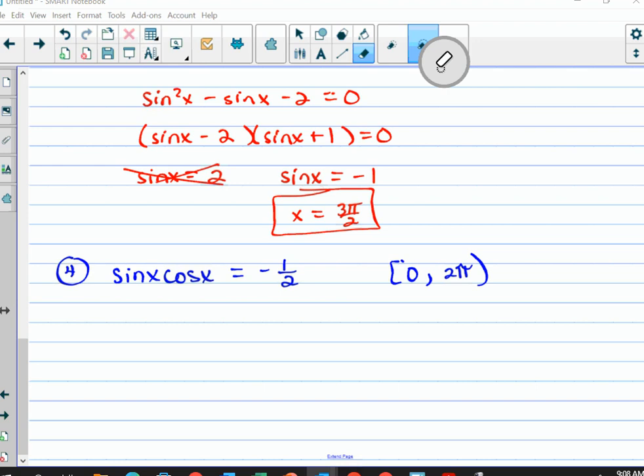One answer times two answers. What's the next one? No, no. Right, so we said we need 2 solutions. Currently we have 1.